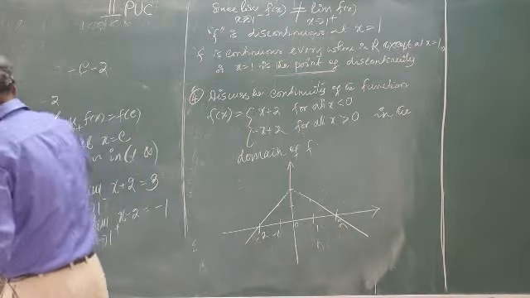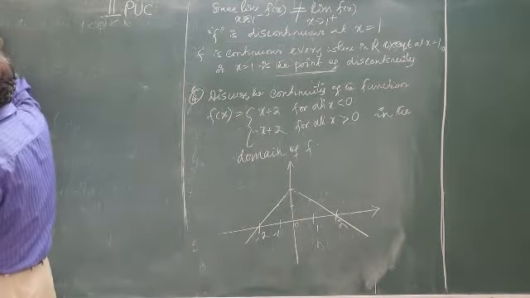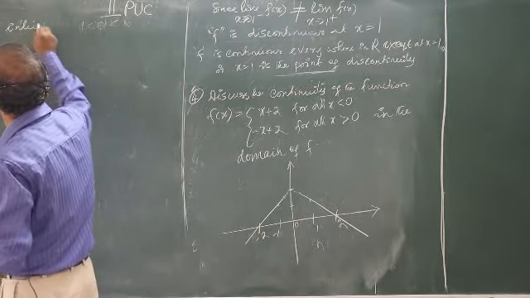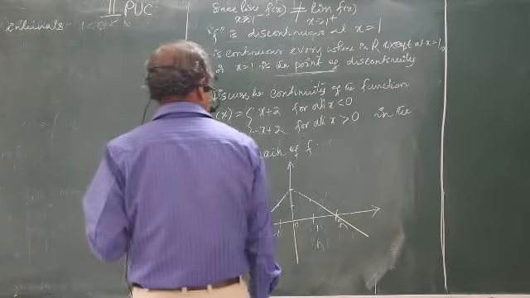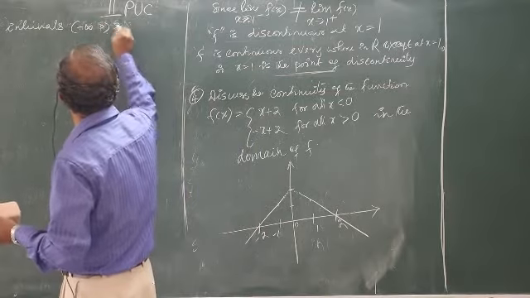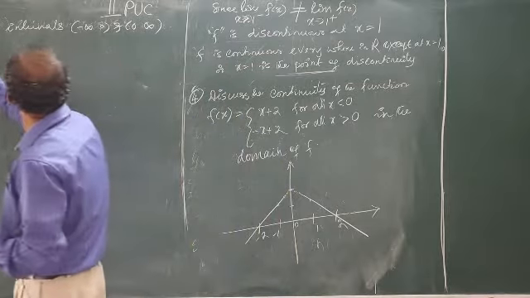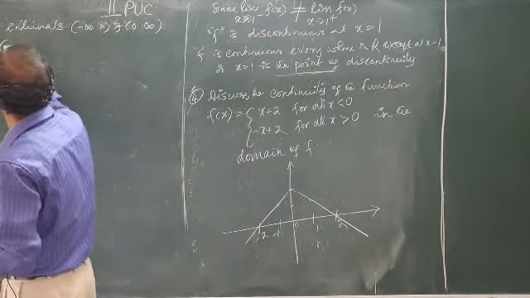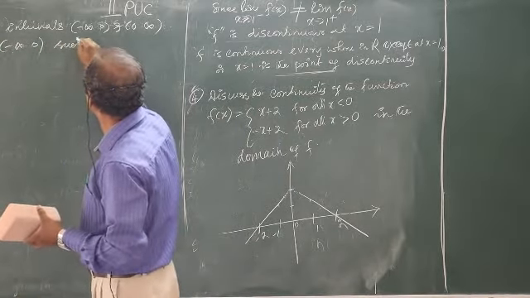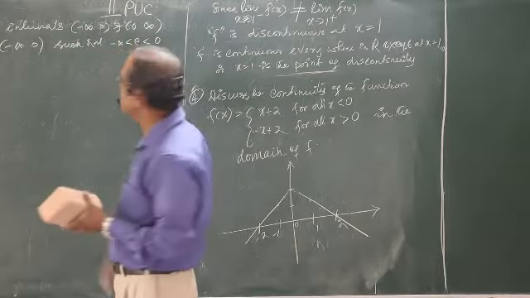Consider 2 intervals: minus infinity to 0 and 0 to infinity. Let c belong to the first interval, any real number, such that minus infinity less than c less than 0.